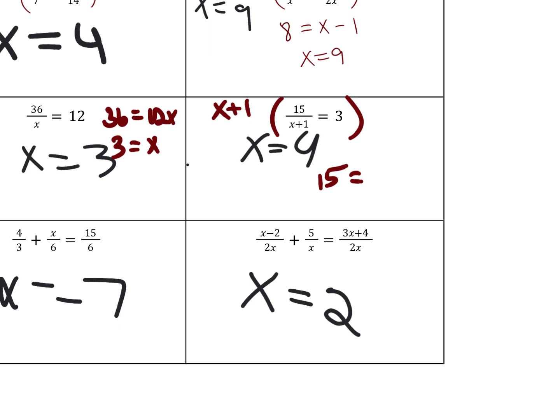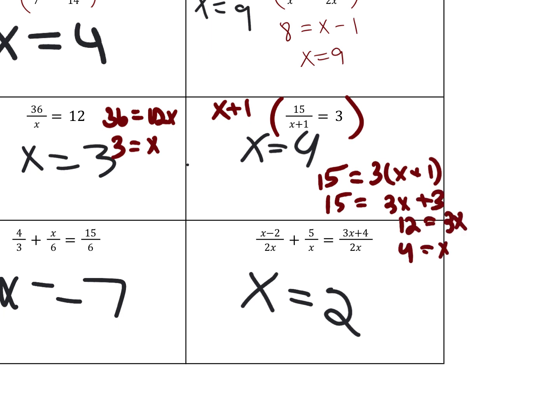And then I'd have 3 times x plus 1 because there's nothing in the denominator over there to cancel it out. So all I'm doing is multiplying both sides. So then we get what? 15 equals 3x plus 3. 12 equals 3x. x equals 4. The other option would be to right off the bat divide by the 3, get 5, subtract 1.